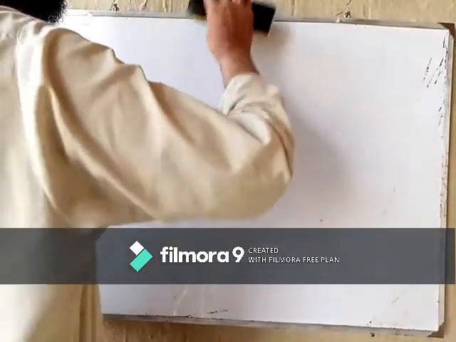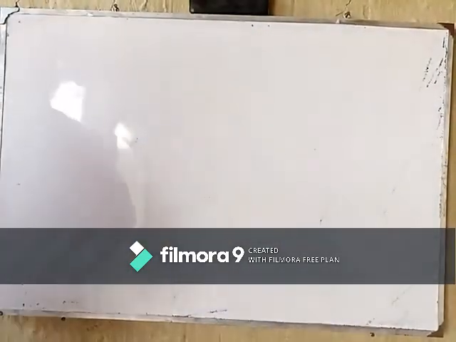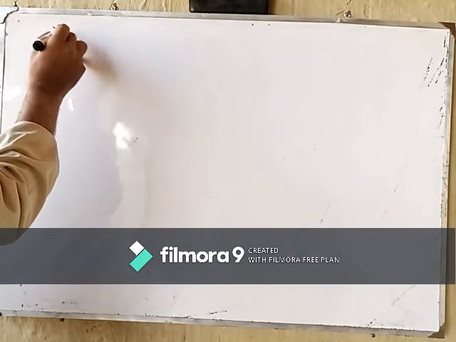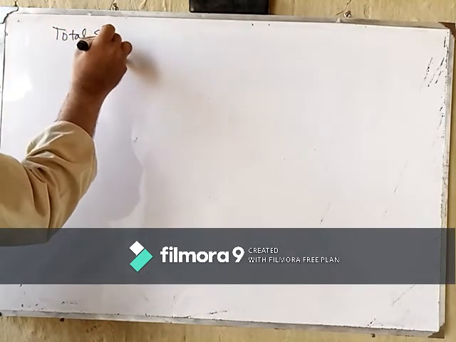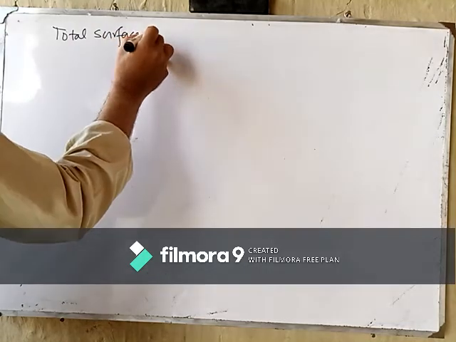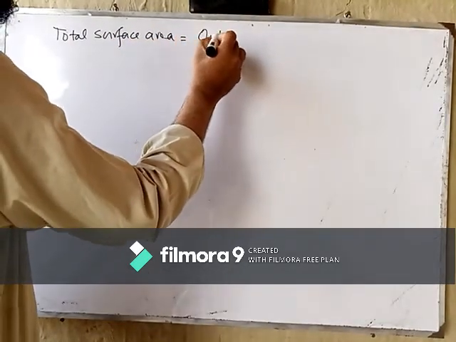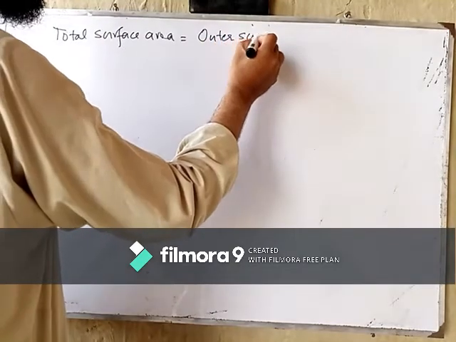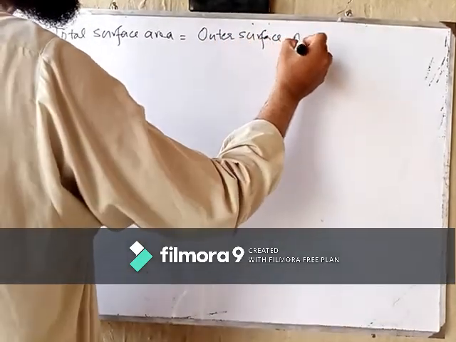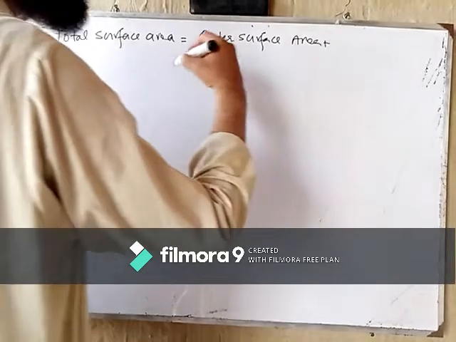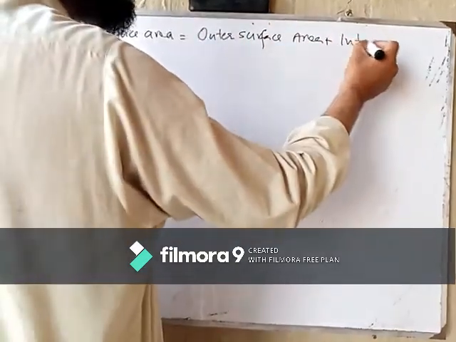So the total surface area of the catalyst is equal to outer surface area plus internal surface area.